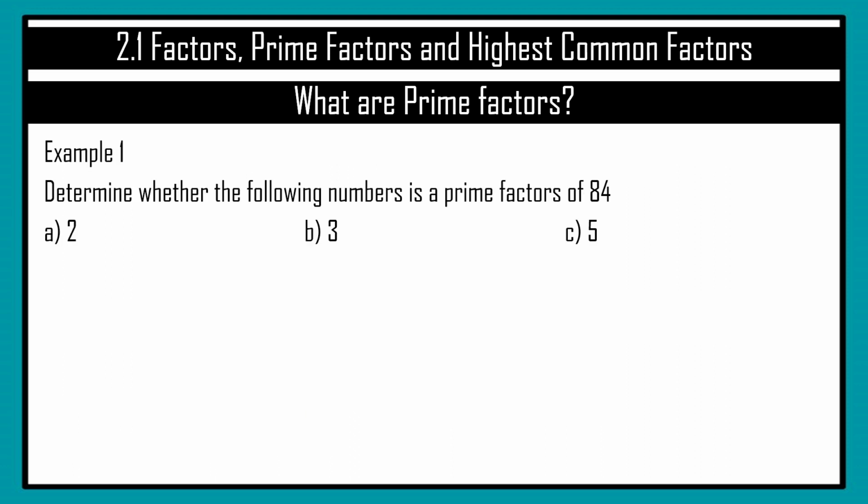Now that we know how to determine the prime factors, let's check the following numbers. Can 2 be a prime factor of 84? Similar to finding the factors of 84, we are going to use the dividing method to know whether this number is a prime factor of 84. We check 84 divided by 2.